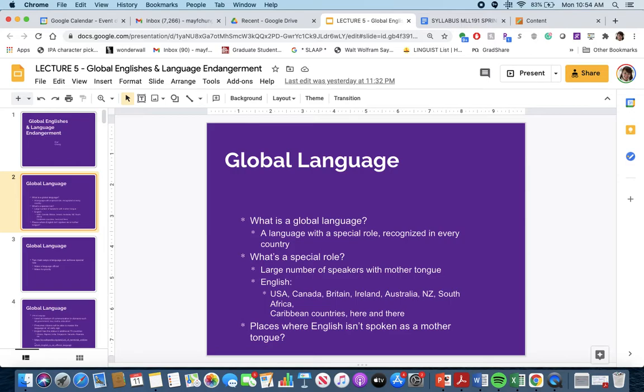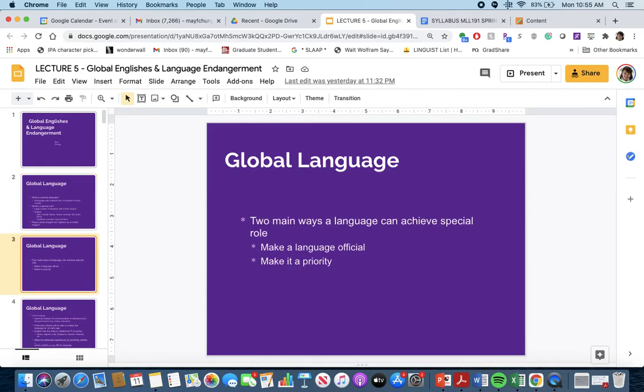And there are other places where English isn't spoken as a mother tongue, but it is a very valued language and it's taught in the public school system. So you have places like Malaysia, where all the students need to learn English, even if it isn't their mother tongue or their first language.